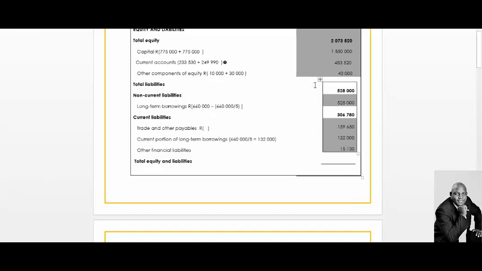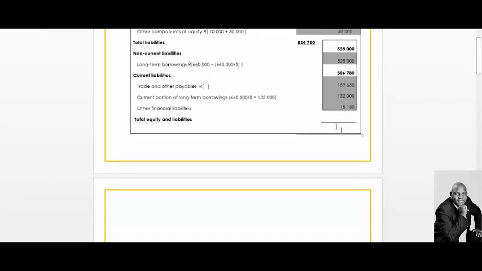Okay, so the total is 528,000 plus 306,780. It gives me 834,780. That's how much I get. 834,780, and the total equity plus liabilities, right?